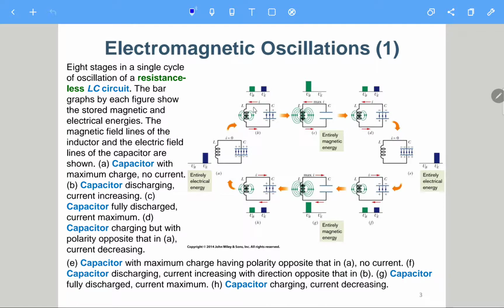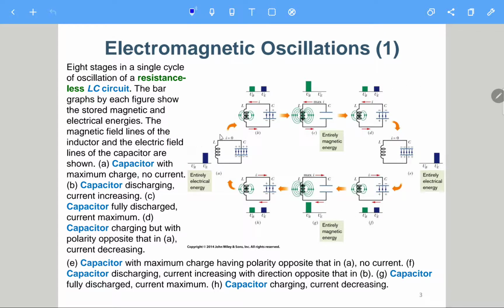Okay, so this graph tries to show the different states of the LC circuit with the corresponding energy stored at different stages.